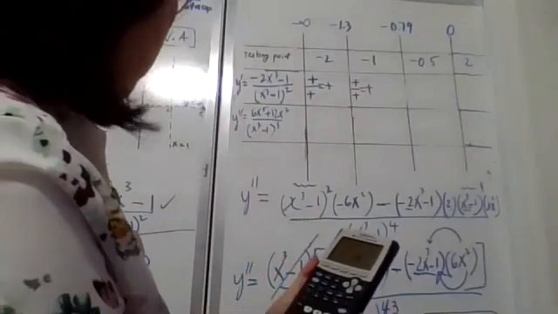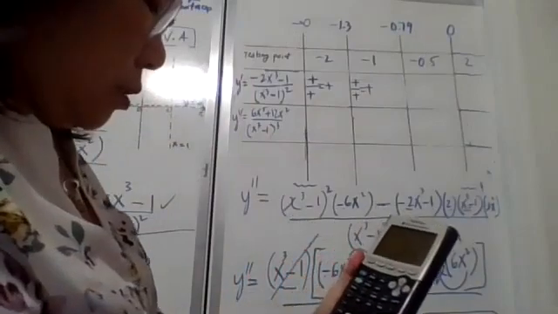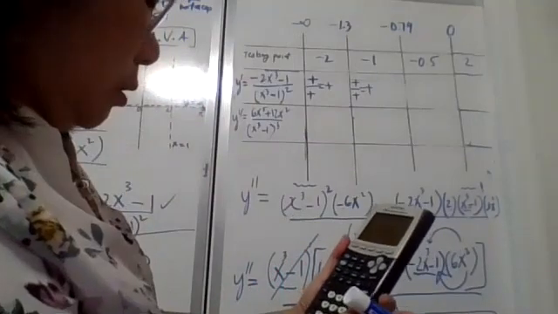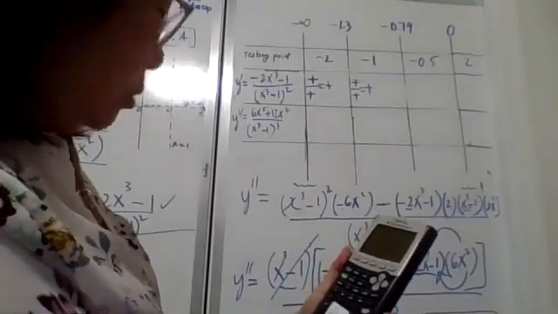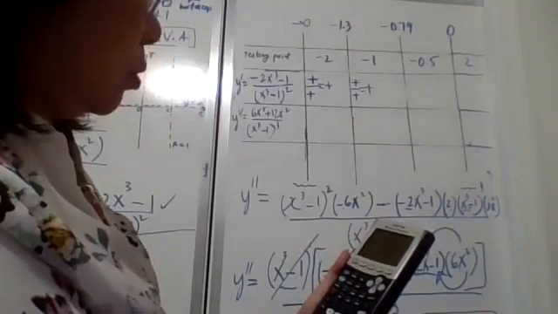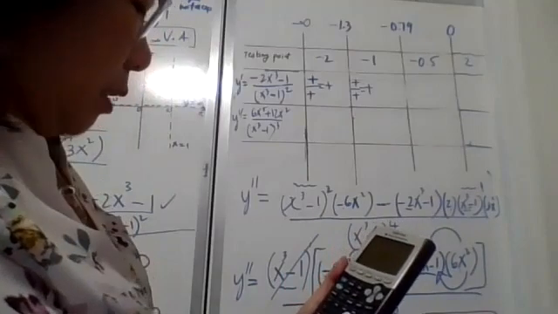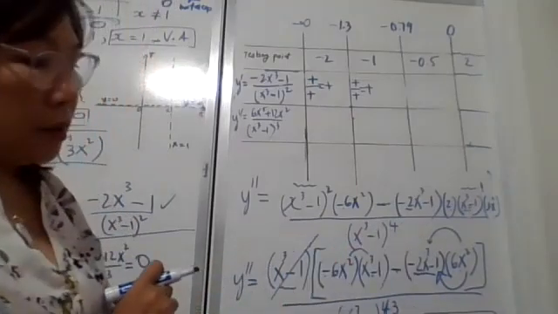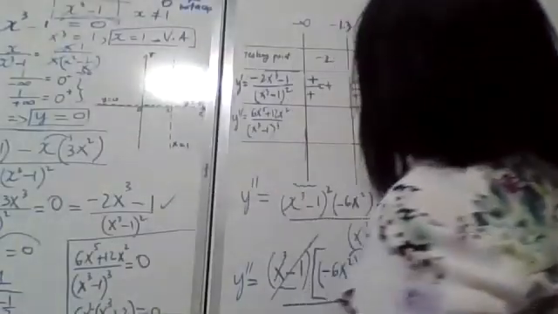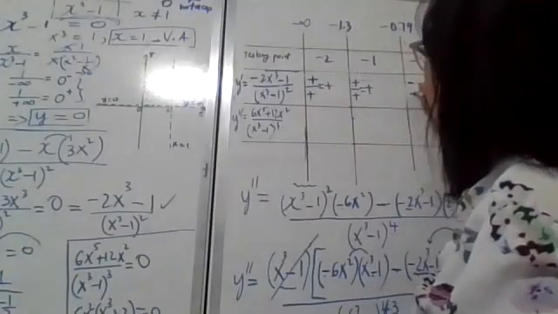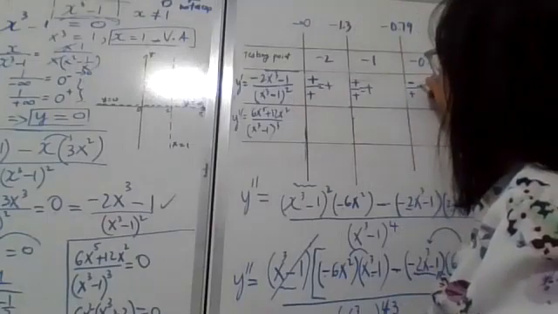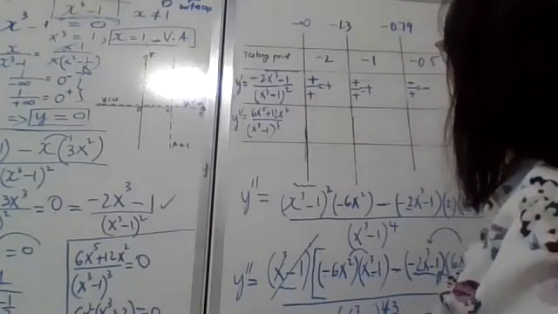Minus 0.5 to the power 3, times minus 2, and minus 1. So you get minus 0.75. So this is minus, and down here is of course positive, so this division will give us a negative value.